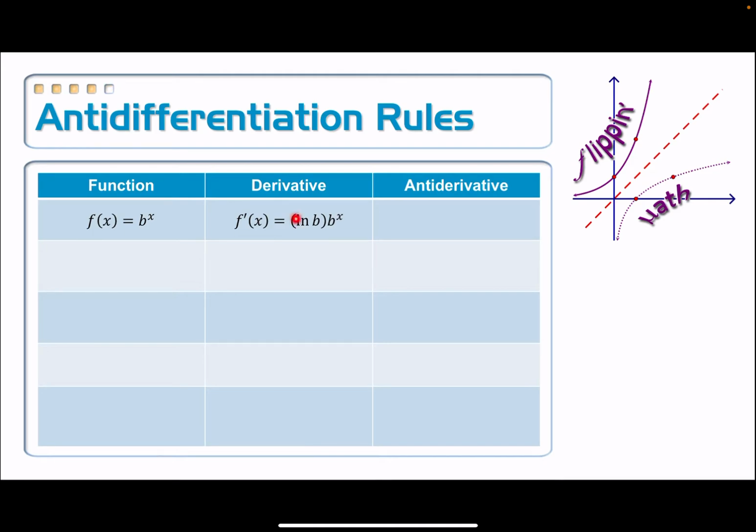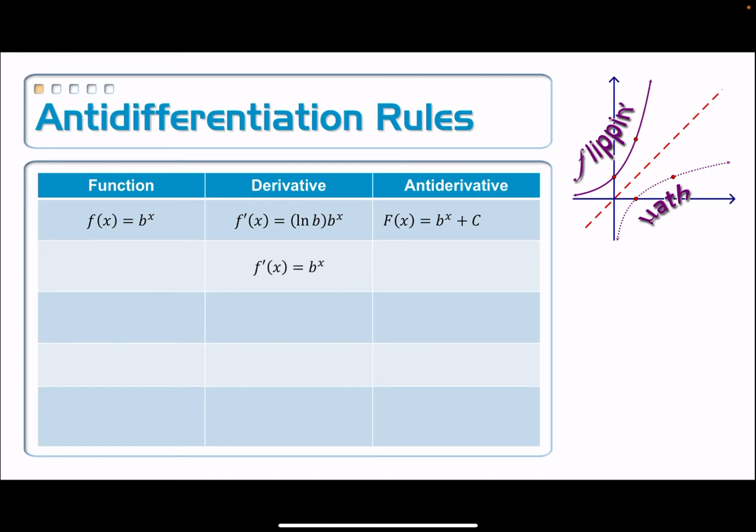So if this is what you have as your differential equation, when we work that process backwards, we know that the antiderivative should be b to the x, and then don't forget your plus c. The problem with that is that you don't usually see it like that. You're not going to see it with this natural log of b multiplied times the front by that b to the x.